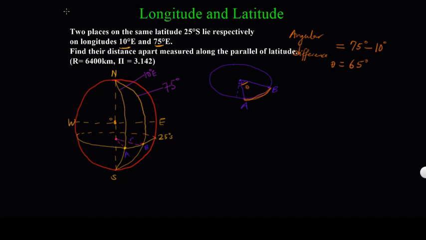If the 2 points are not on the same axis, let's say for example when they are on the same longitude, so they are going to have different latitude. If the latitude is north and the other one is south, we are going to add the angles.